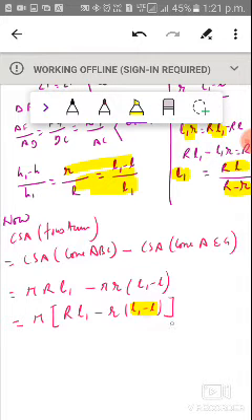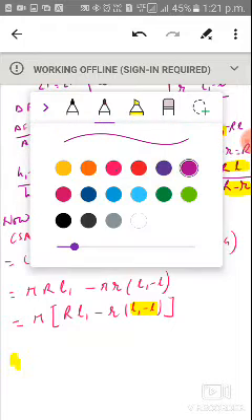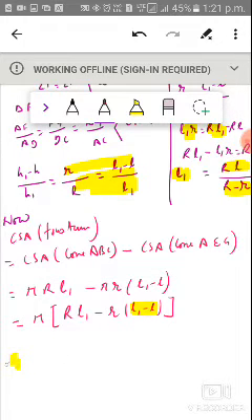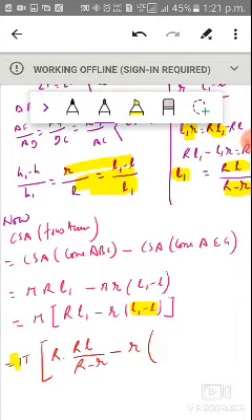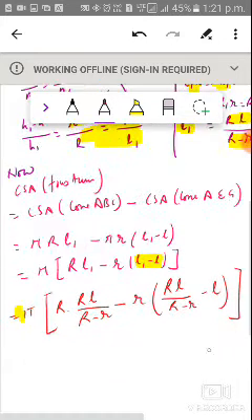So what we will do here, that is pi R multiply L1. In place of L1 we will write RL by R minus r, and r into L1, in place of L1 we will write RL by R minus r. Okay, and we will solve it.